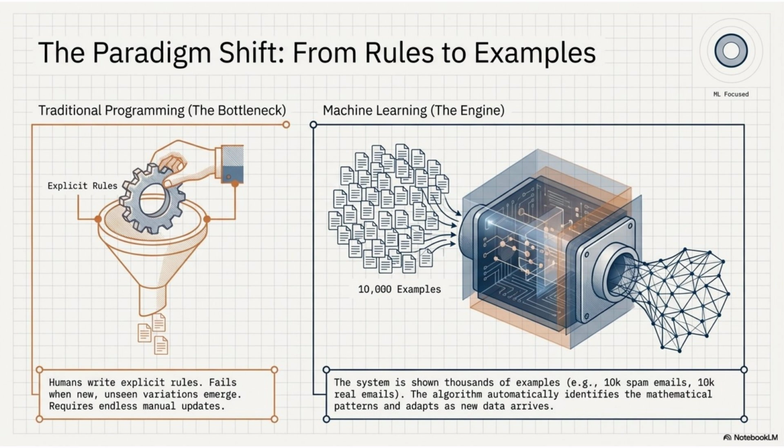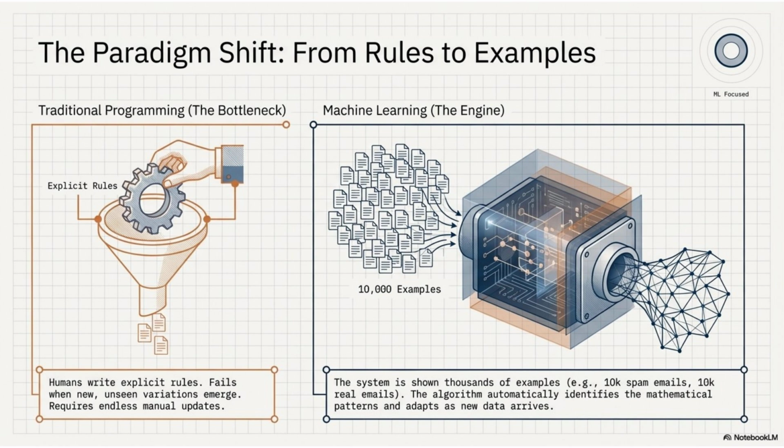On the right, we see machine learning, the engine. Instead of writing rules, we show the computer 10,000 examples of spam and 10,000 real emails. The algorithm learns the patterns itself. It discovers relationships that humans might miss, like subtle combinations of words and formatting that indicate spam.